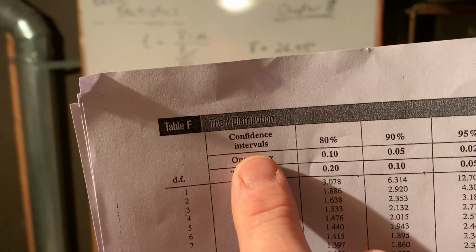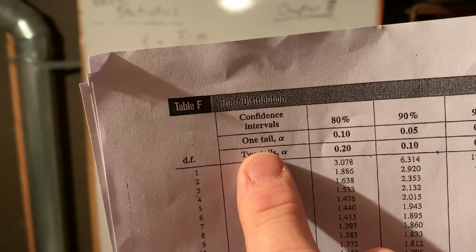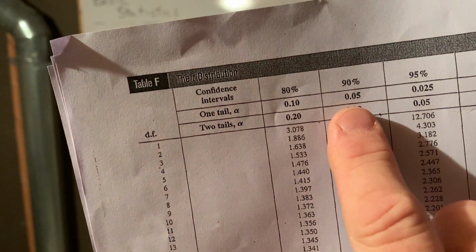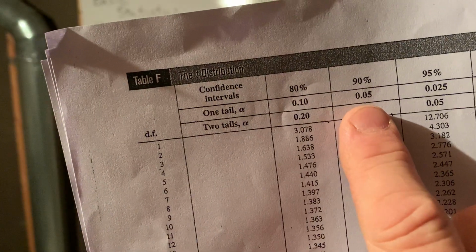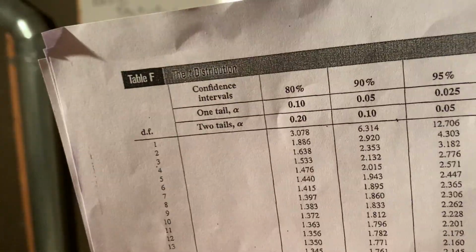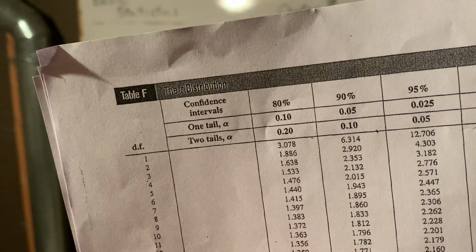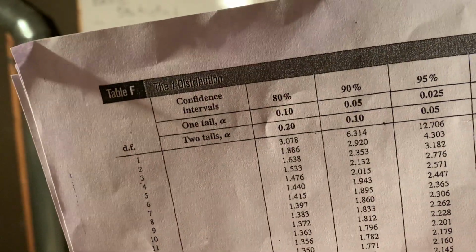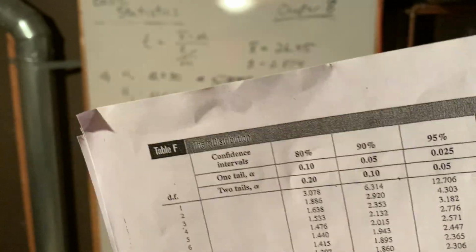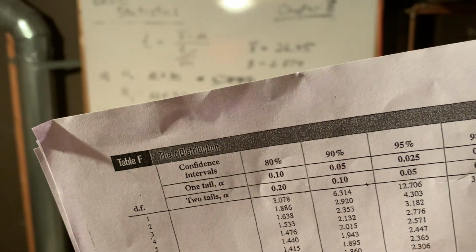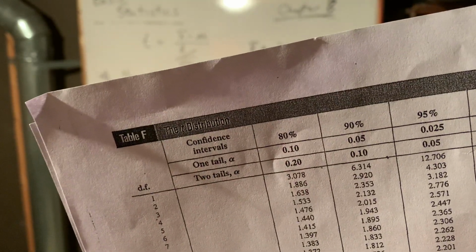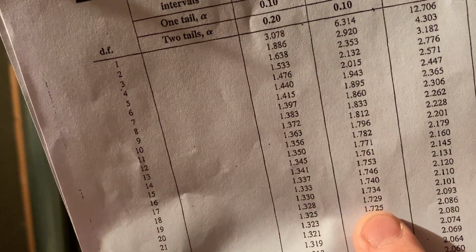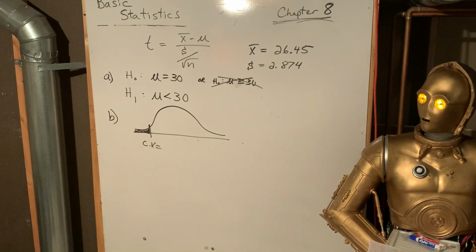There's confidence interval, one-tail test, 5%, and now we go down to 19 because there are 20 pieces of data, so the degrees of freedom are 20 minus 1. That is 19, and 1.729 is what I'm going to use. 1.729. All right?